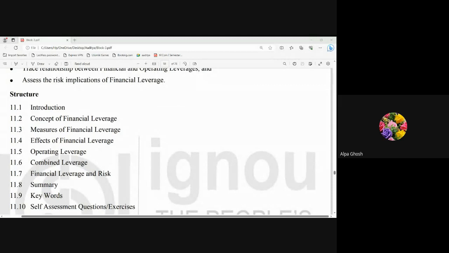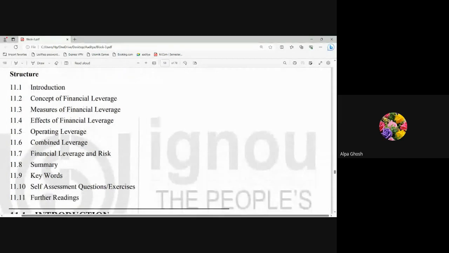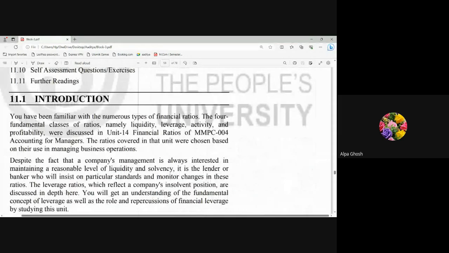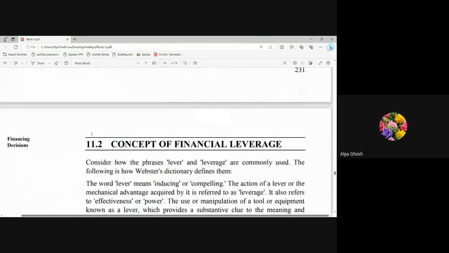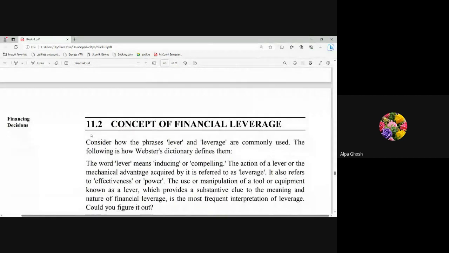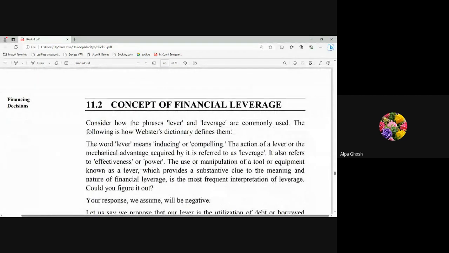Okay. So now I am starting. We all know what ratios are. There are 4 types of ratios: liquidity, leverage, activity, and profitability ratios. From the word lever, we have derived the word leverage.